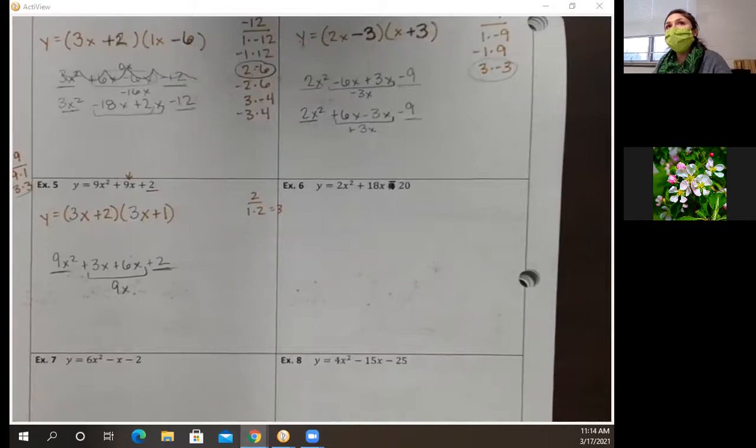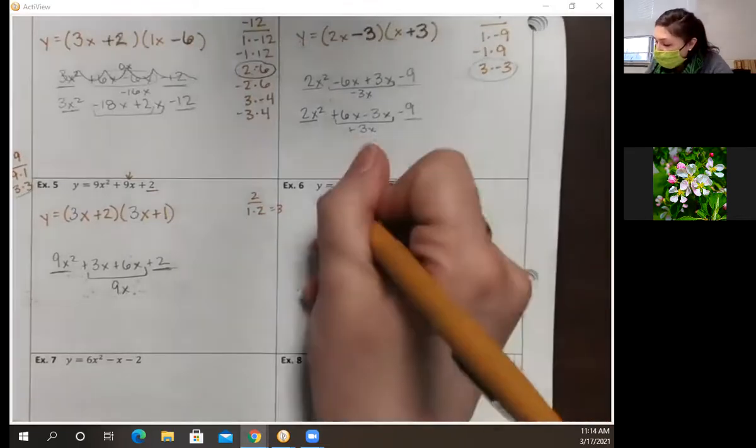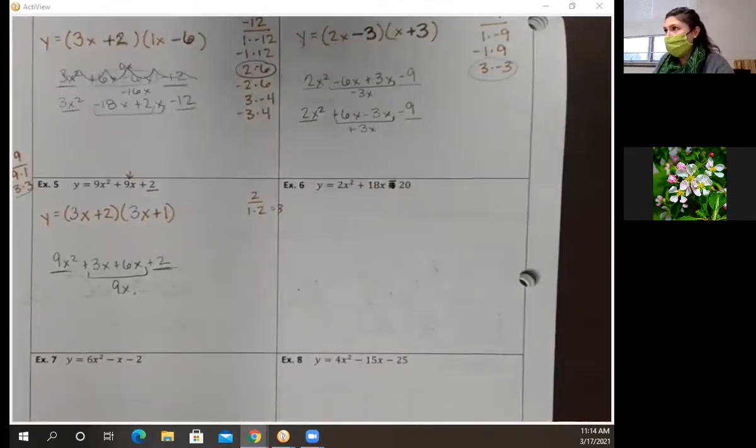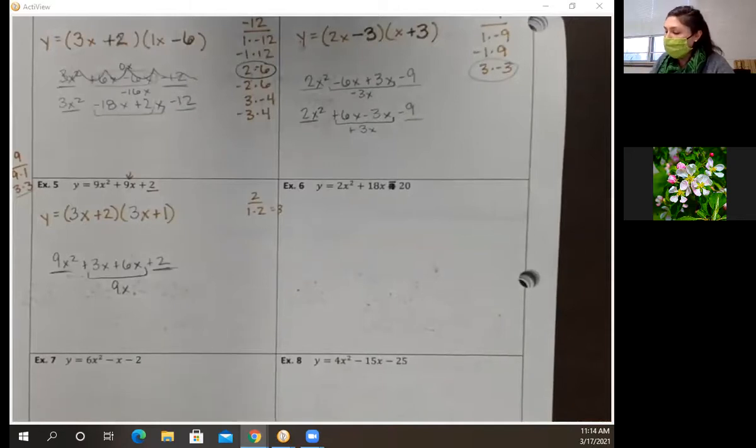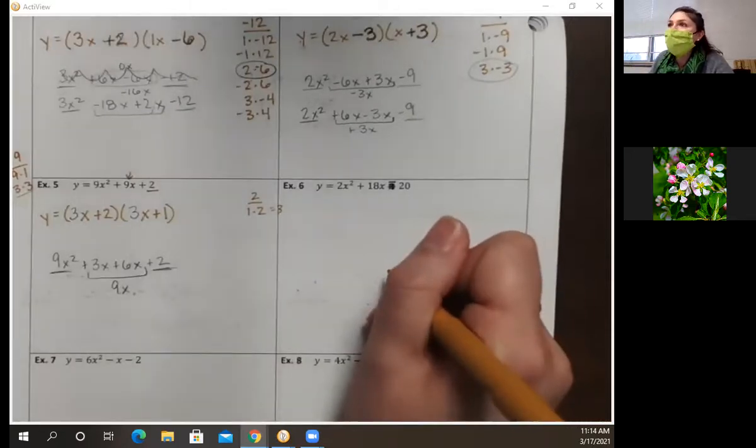Our lead coefficient, our A value for 6, is 2. Example 6 has something in common with those first couple of examples we looked at. Minus 20. There was a typo on your paper, so I fixed it in your packets.